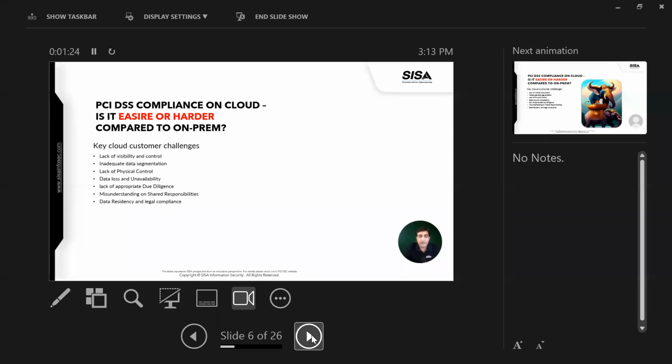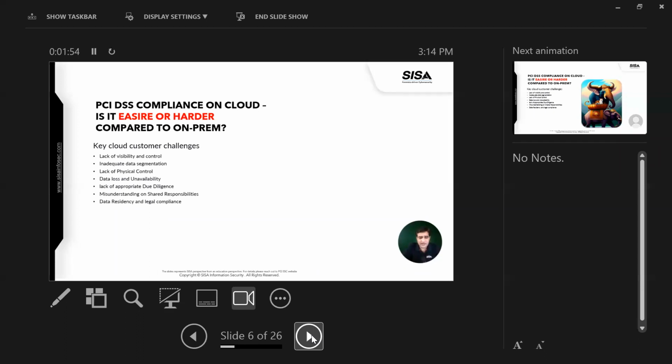You never know what physical level of controls are implemented by the cloud service provider. And there are chances of data loss and unavailability if there is some kind of snag on the cloud service provider end. And then lack of appropriate due diligence when you are onboarding a particular cloud service provider, and that's very, very important. We will talk about why it is so.